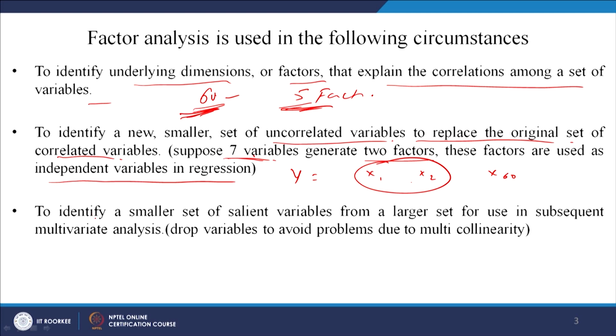Okay. Third is to identify a smaller set of salient or important variables from a large set for use in subsequent multivariate analysis. So, you can drop variables. It also helps identify variables which are highly similar and can create a problem of multicollinearity, and drop them. You have understood by now, when we did regression, that multicollinearity is a very serious issue.